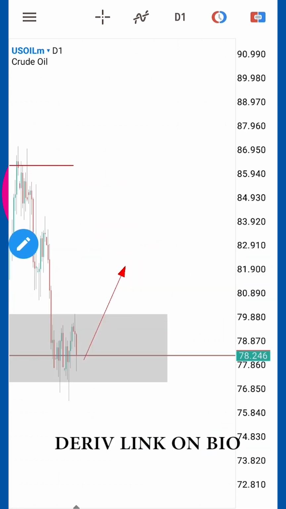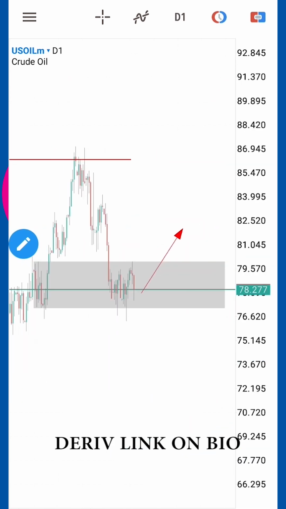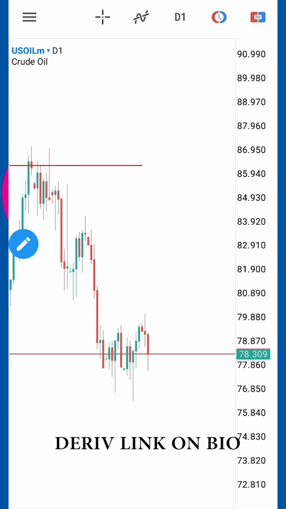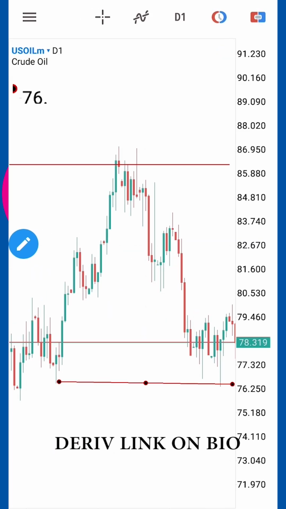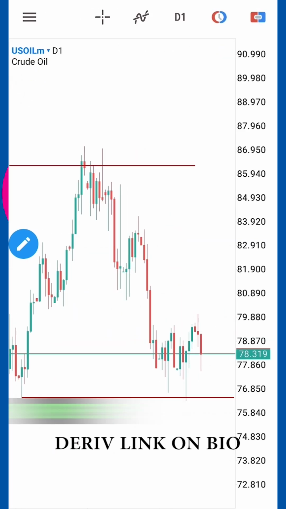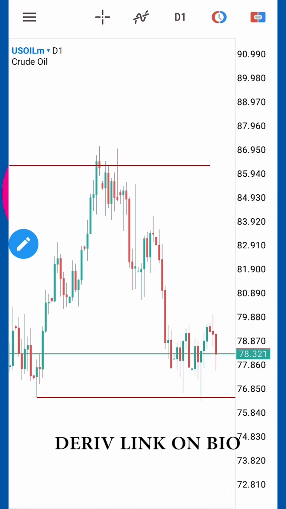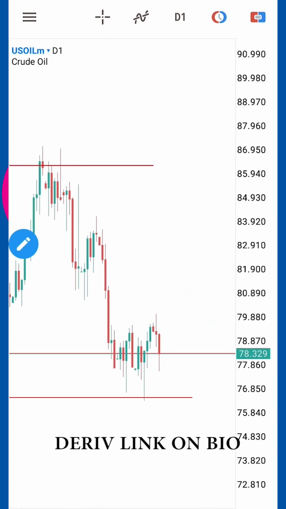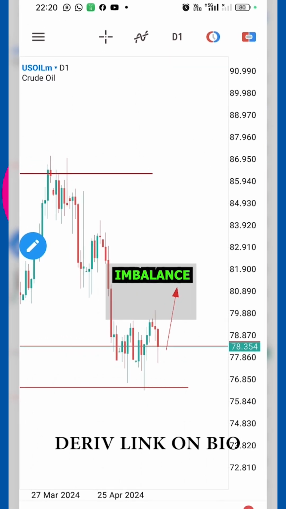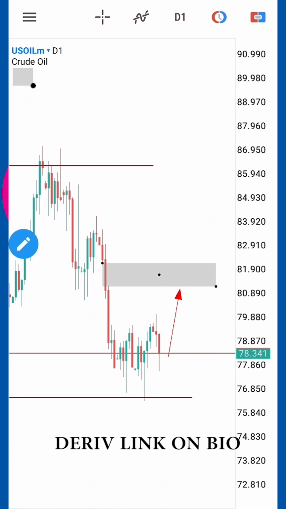And now when we zoom in to the daily chart or time frame, I want you guys to pay close attention to how price wiped that low. So price sort of did a grab of liquidity. Now it has to shoot up to that imbalance or our point of interest, which is that huge imbalance it created.